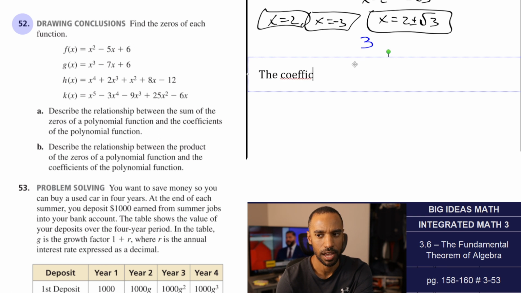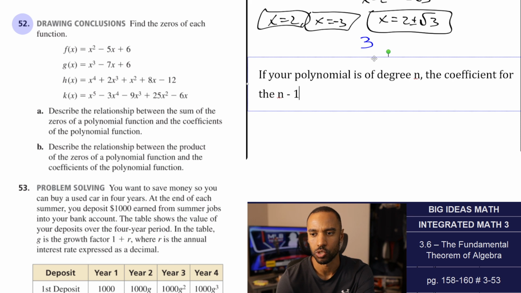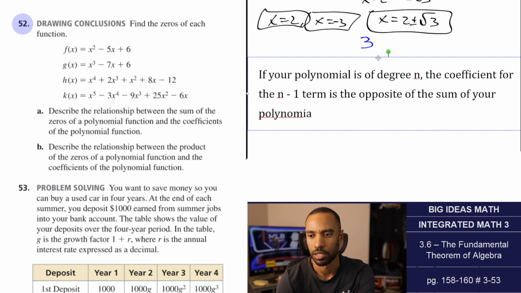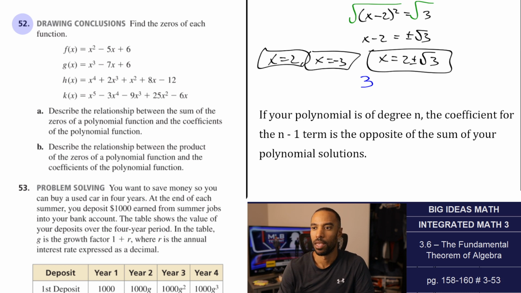If your polynomial is of degree n, the coefficient for the n minus 1 term is the opposite of the sum of your polynomial solutions. That's as best as I got. It looks to be repetitious there. It definitely does seem to be there.